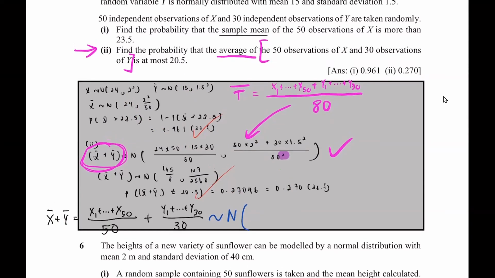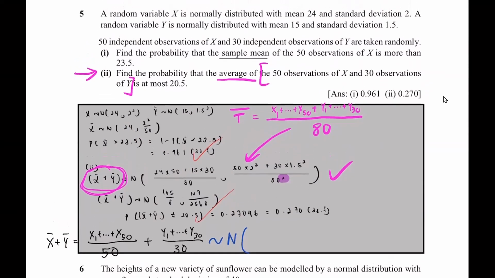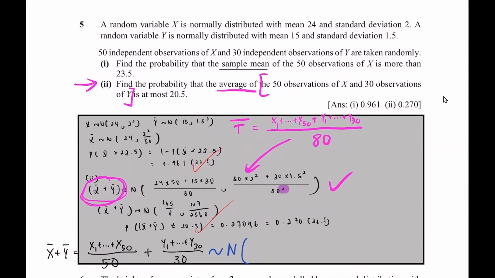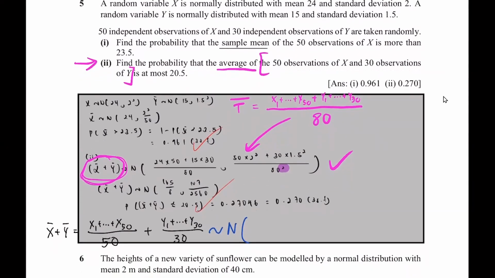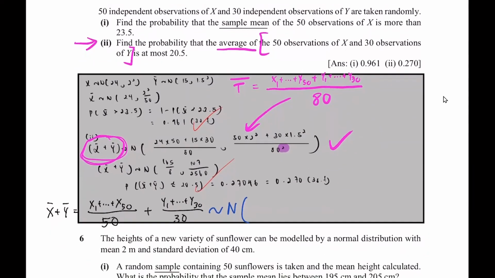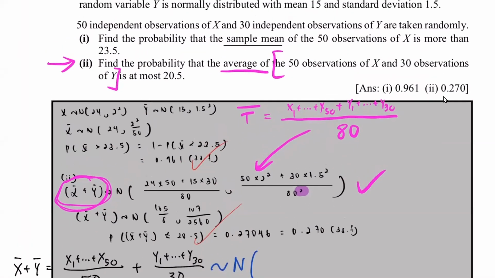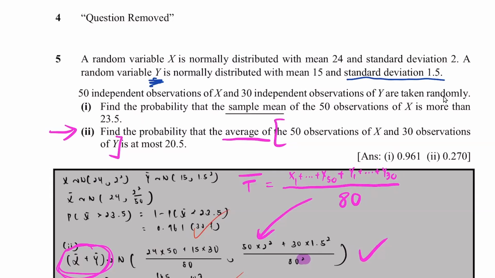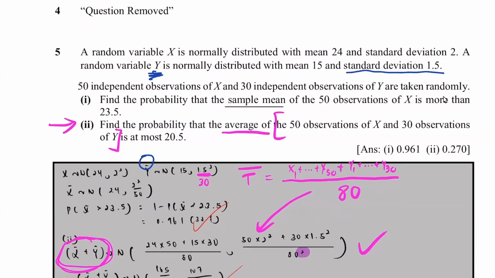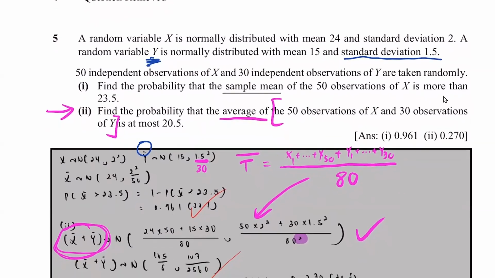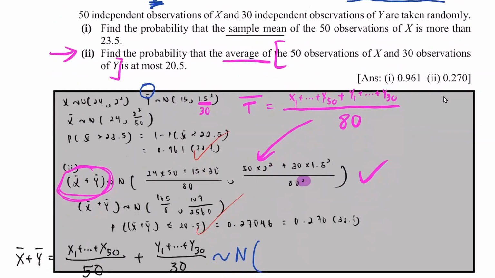Hold on. I noticed another mistake. Here, they said that y, not y bar, is normally distributed with standard deviation 1.5. Here, you wrote down y bar. So you're missing a divide by n here. You got lucky with the calculation here.